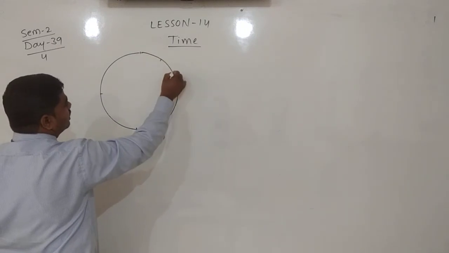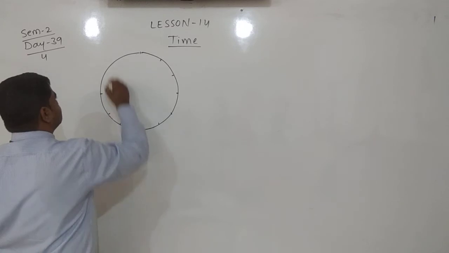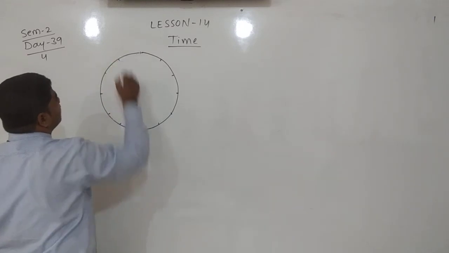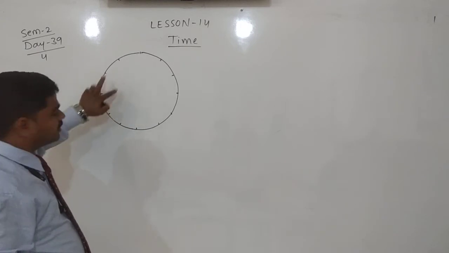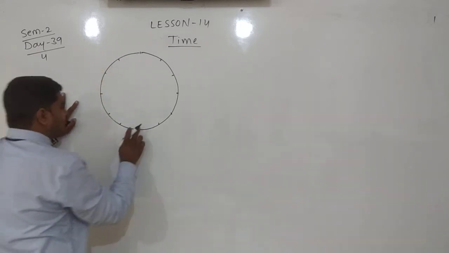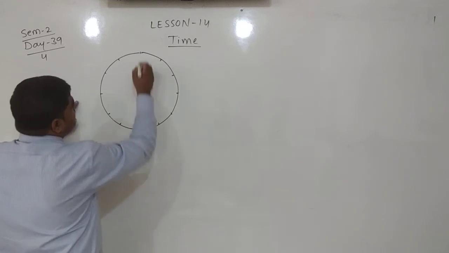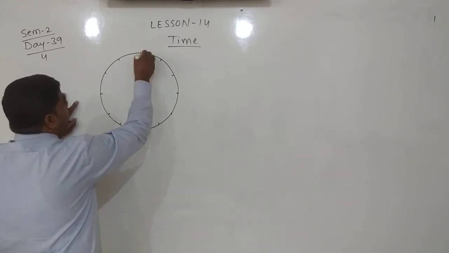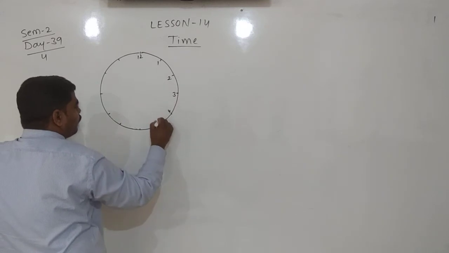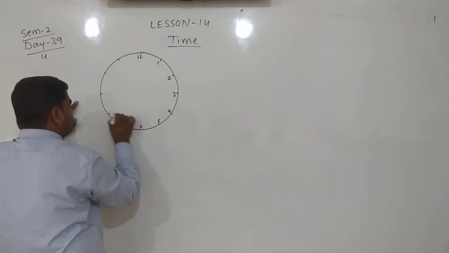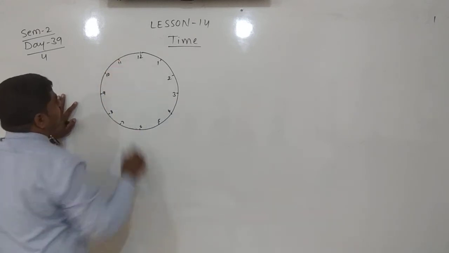Exactly, the distance between each point should be the same. There should not be one less, one more like that. Here, half of the circle is 12. 1, 2, 3, 4, 5, 6, 7, 8, 9, 10, 11, and again 12.